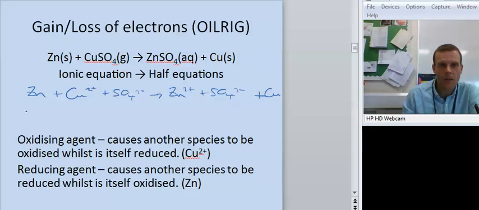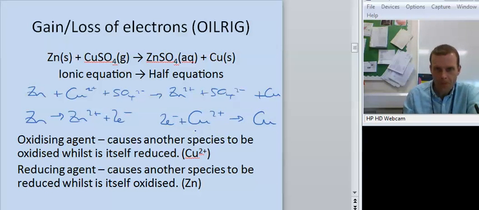But what changes have I got going on? Well, the zinc is becoming Zn2 plus, and the copper 2 plus is becoming copper. And I can balance this up by showing what the electrons are doing, like that.